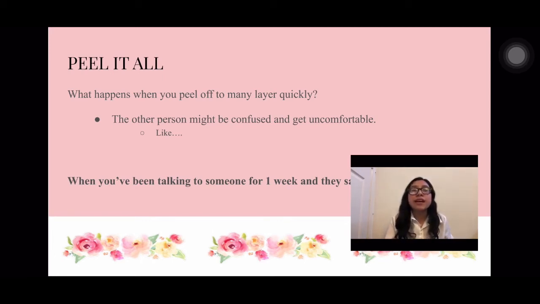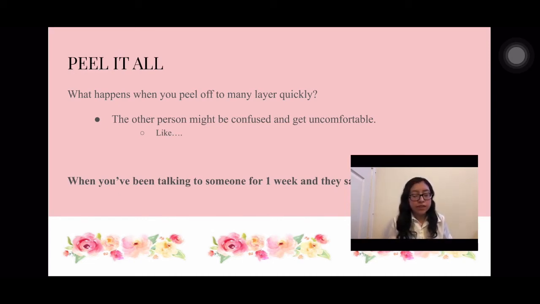So something that I feel like happens a lot is when somebody might say I love you way too soon. And it's always something that's talked about because people always say, when is the right time to say I love you, or when is a good time to start telling the other person I have feelings for them.